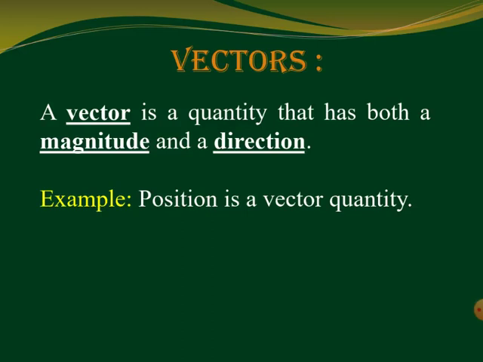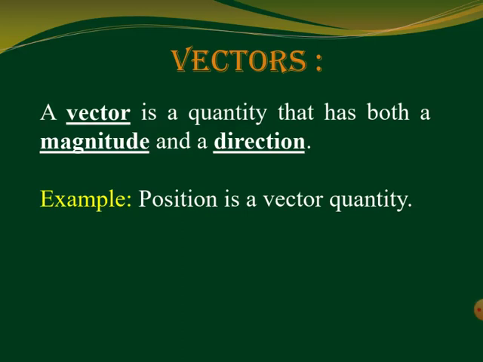I will tell you about the position vector later on, but let me give you only a brief idea. A position vector is a vector drawn from the origin up to the position of that particular body. So it is a vector quantity because it has a definite magnitude as well as a definite direction. From where to where?